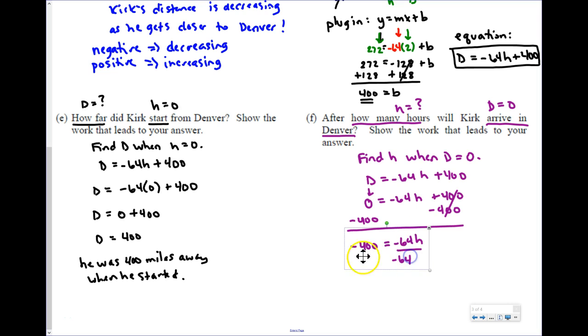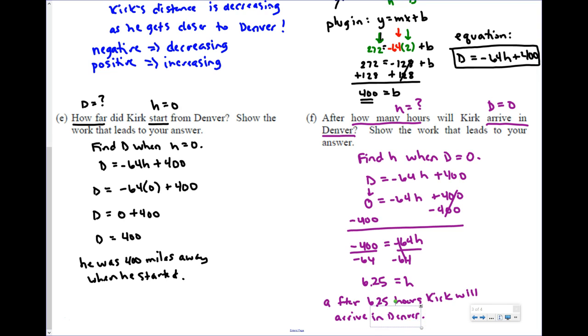Then divide both sides by negative 64 to get h by itself because that's what I want. And I find out when I use my calculator that I get 6.25. So the answer is after 6.25 hours, Kirk will arrive in Denver.